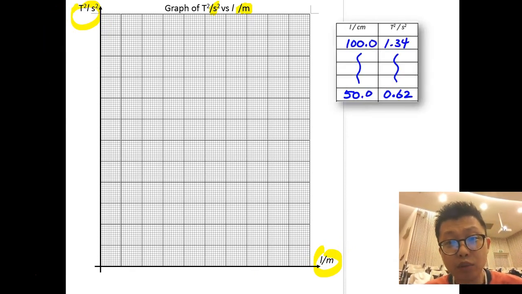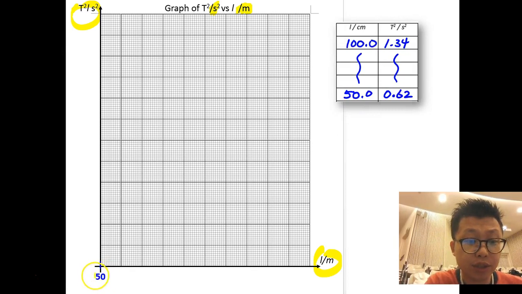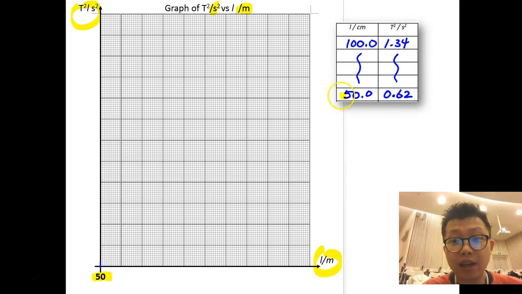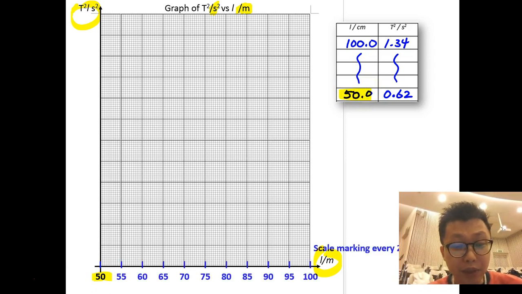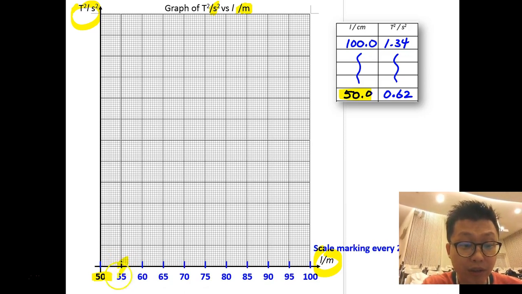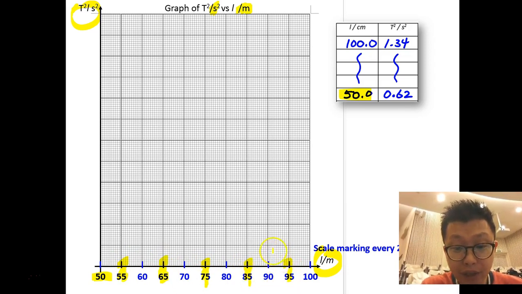I'm happy that most of you understand that you should start, okay, at your lowest value so that you don't waste space in the graph paper. Okay, but I'm pretty disappointed with the guys because you have forgotten to indicate all this. Okay, I have already told you every 20 square, this is 20 square.